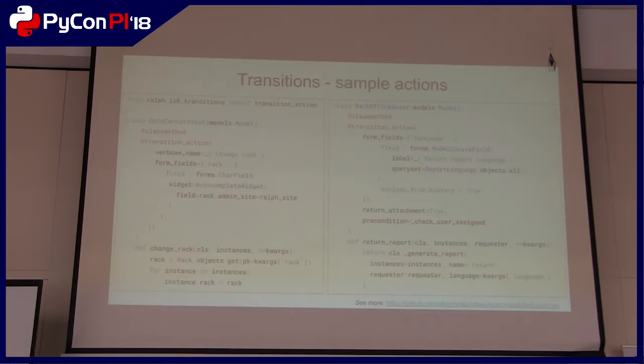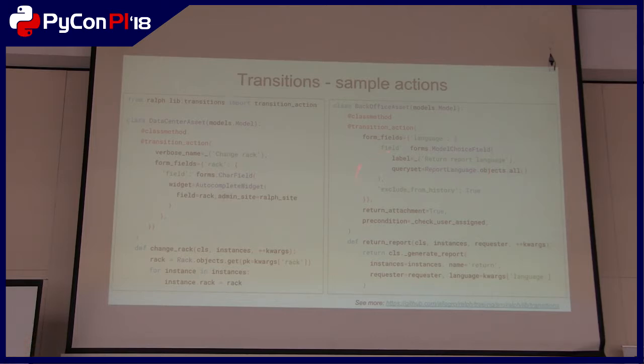In the source code, I have two examples of transitions here. One is on data center asset. It's just assigning some rack to the instance. But what's most important is the definition of the transition action and the available params here. We can specify the name of it. We can specify some form fields, one or many, which the user has to fill to run this transition.